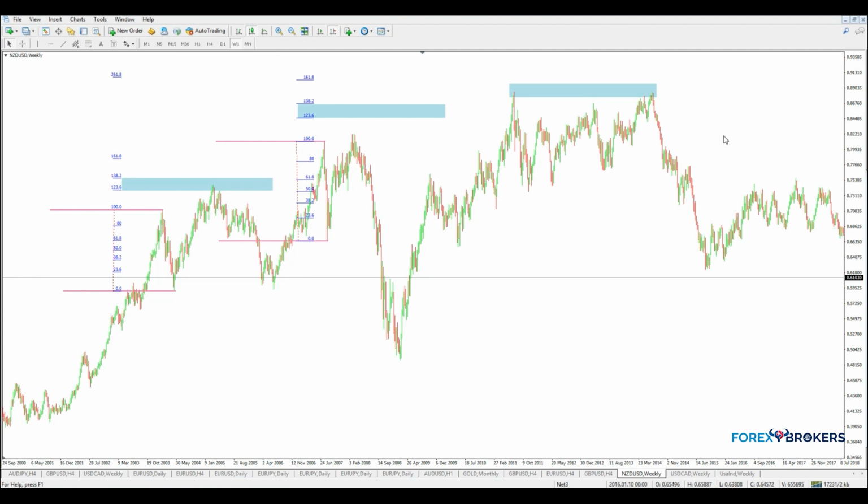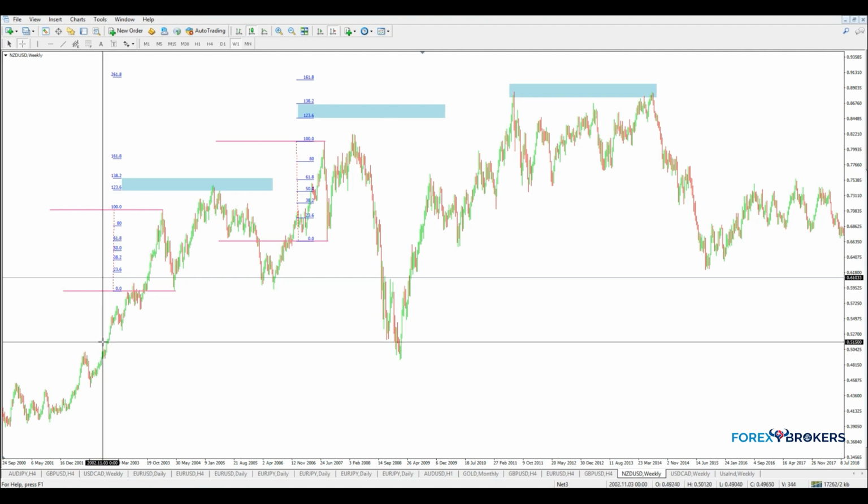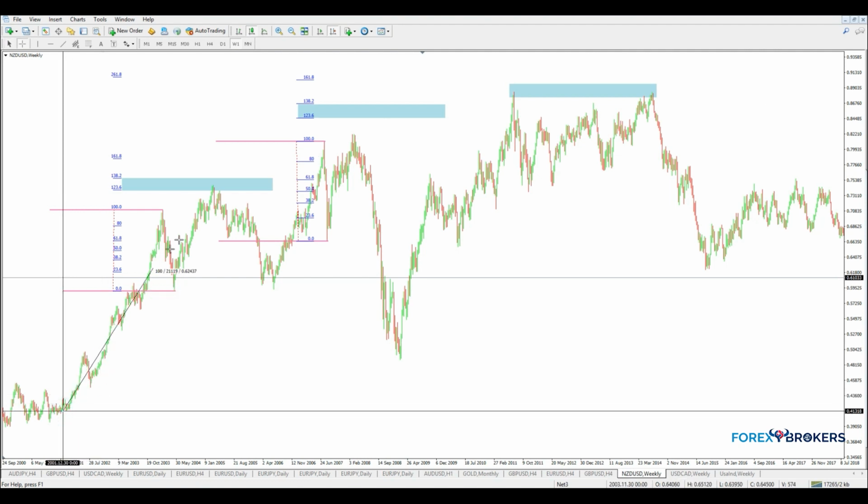Other important levels to consider are 123.6 and 138.2, especially when you deal with patterns. This is true from a market geometry point of view, in the sense that often when a market is able to rise in a bullish trend, but the same principle is valid in a bearish market.